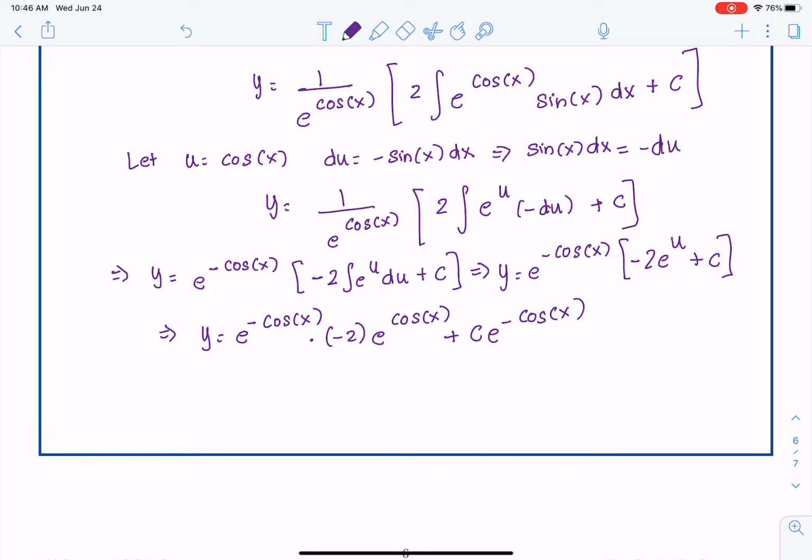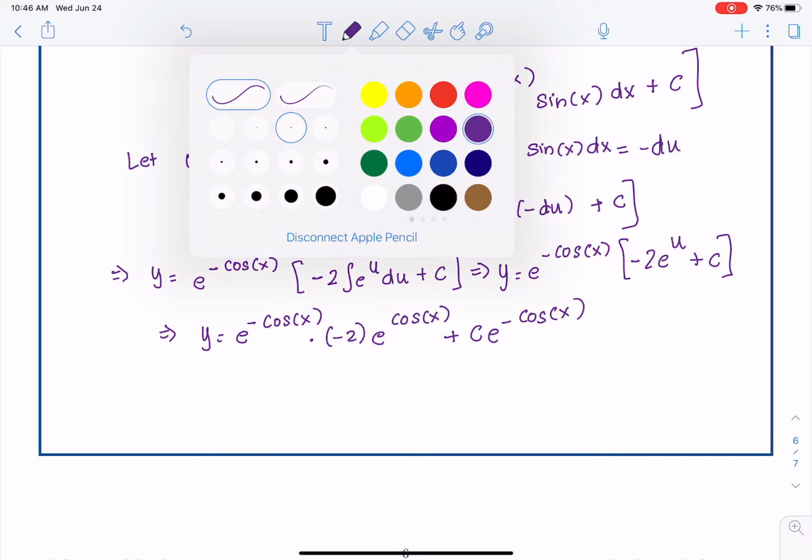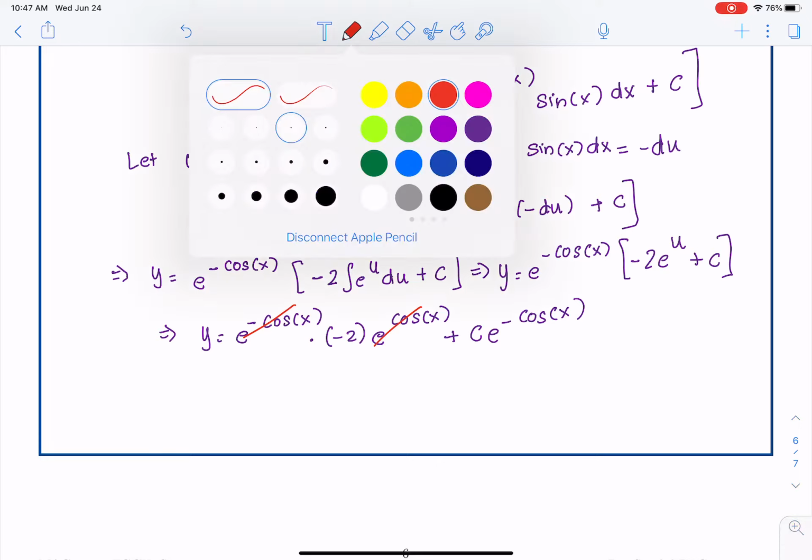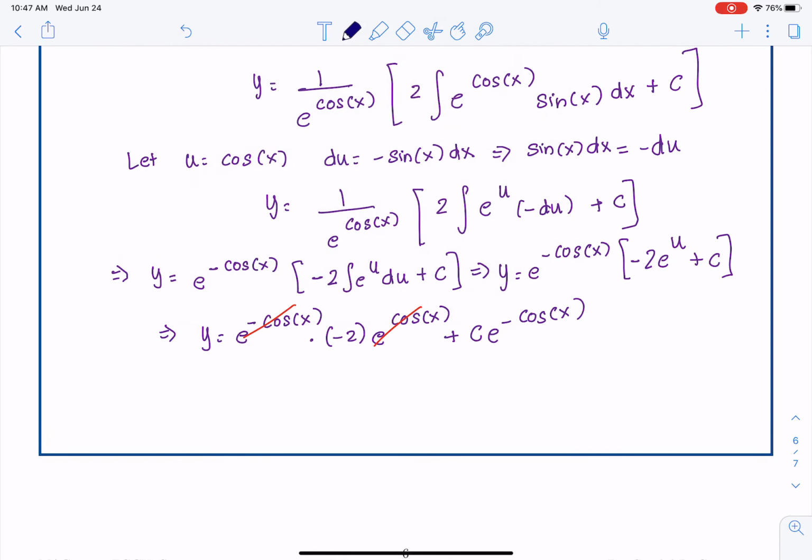So these two terms would cancel out because the bases are identical. You add the powers, cosine x minus cosine x is 0, and e raised 0 is 1. So we will have the solution as y equals negative 2 plus c e raised negative cosine x.